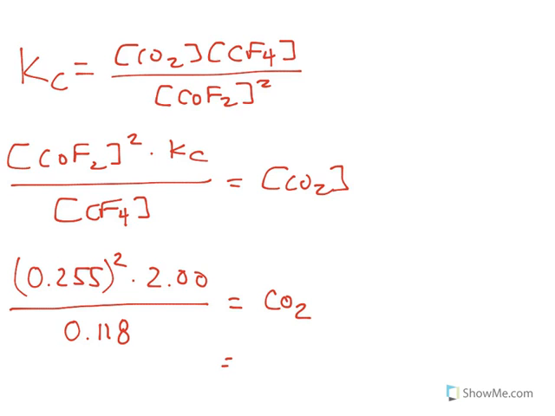I'm just punching it into the calculator here. I got a value of 1.10. And what are my units here? Well, it's the molar concentration of CO2, so it's molar. That's rather straightforward, not too terribly difficult, just a little bit of algebra, and don't forget your exponents like I almost did.